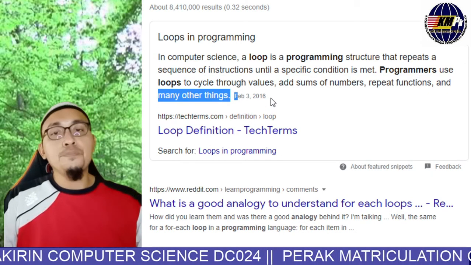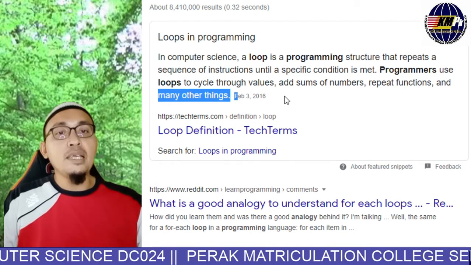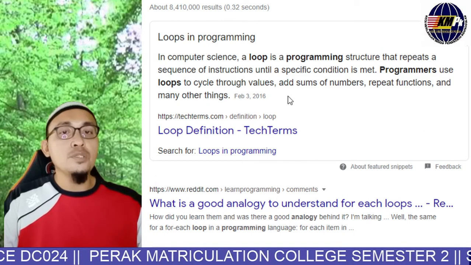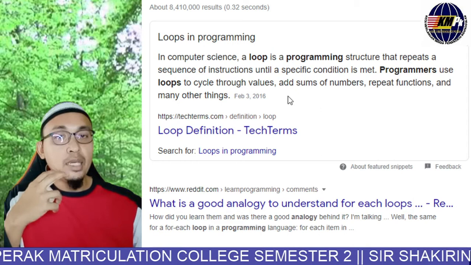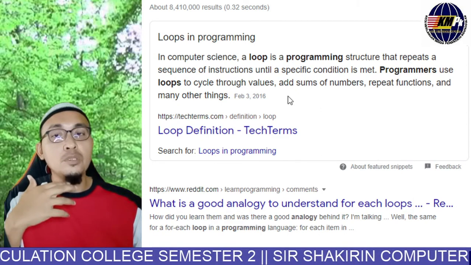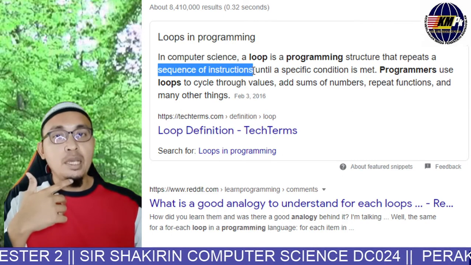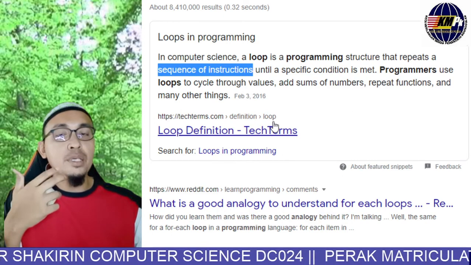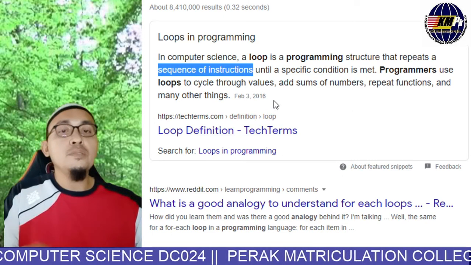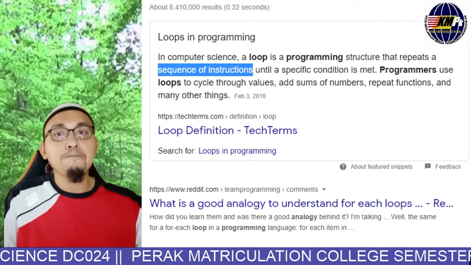In simple words, a loop is a method used by a programmer to repeat a sequence of instructions. And the instructions in the programming can be shown through the problem statement given.